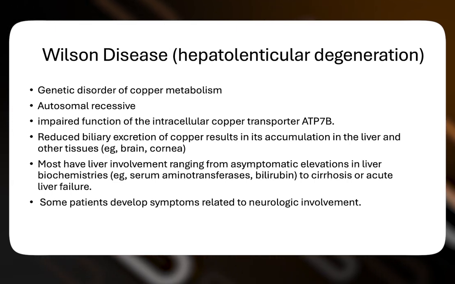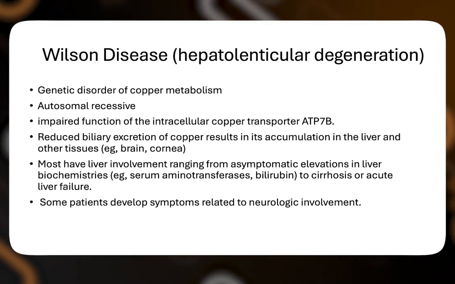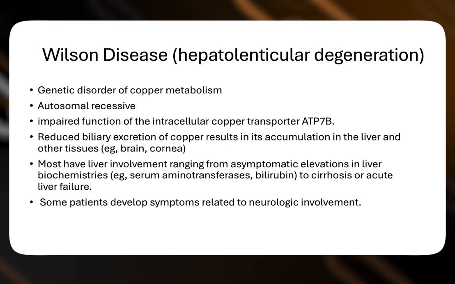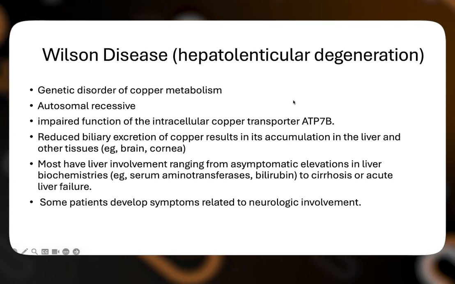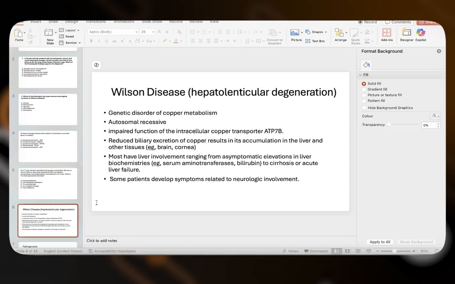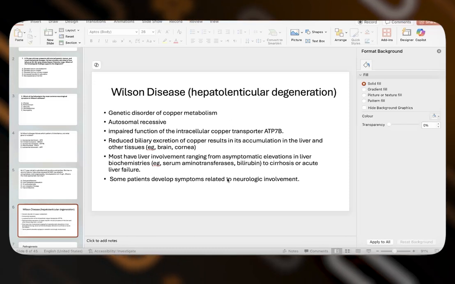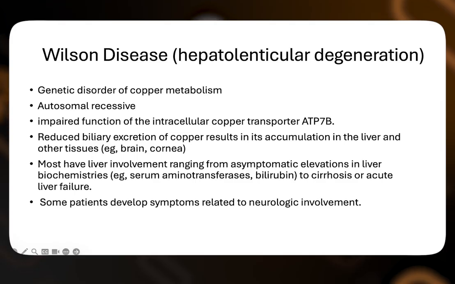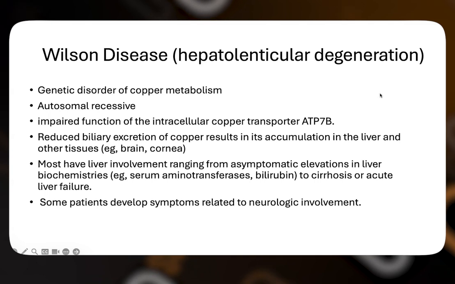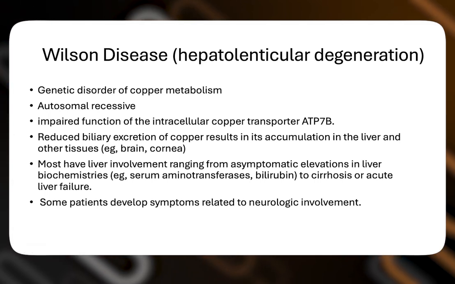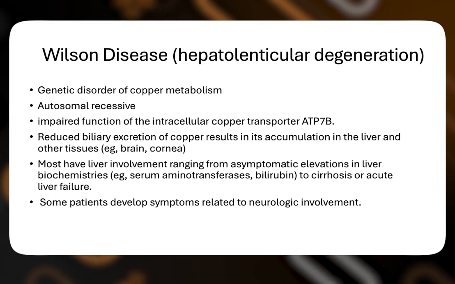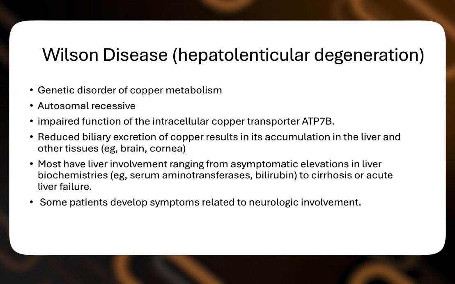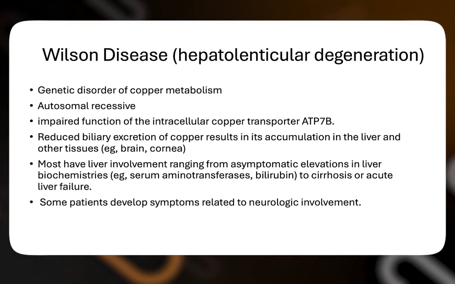It's also called hepatolenticular degeneration, a genetic disorder of copper metabolism. It's a recessive disease. The basic dysfunction is that copper transport is a problem, and the gene responsible is ATP7B.